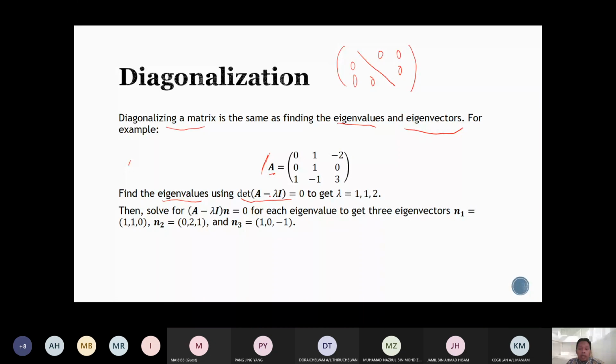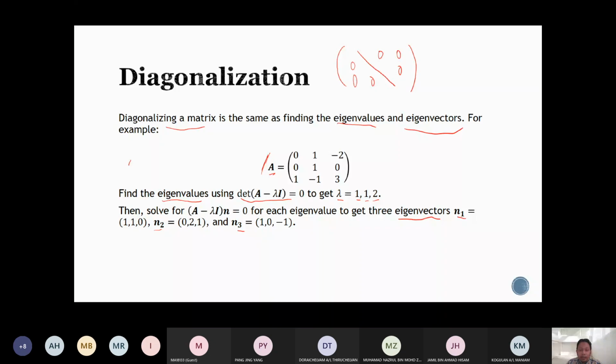From here, we get lambda equals 1, 1, and 2. And then you solve this to find the eigenvectors. Okay, so you get eigenvectors n1, n2, and n3. Later when you do the exercise, try to solve it using a calculator. YouTube? Okay, use YouTube, check on YouTube.